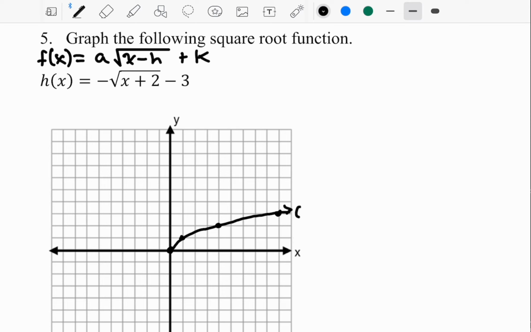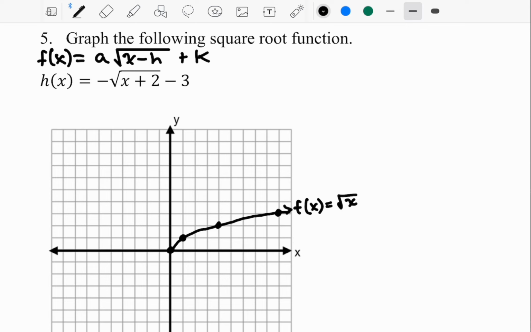All right, so that's f of x is equal to the square root of x. All right, now an easy way to come up with these points so that you don't have to do it in a calculator. And again, you can do it in a calculator if you want, and I'm going to go over that in a couple minutes.